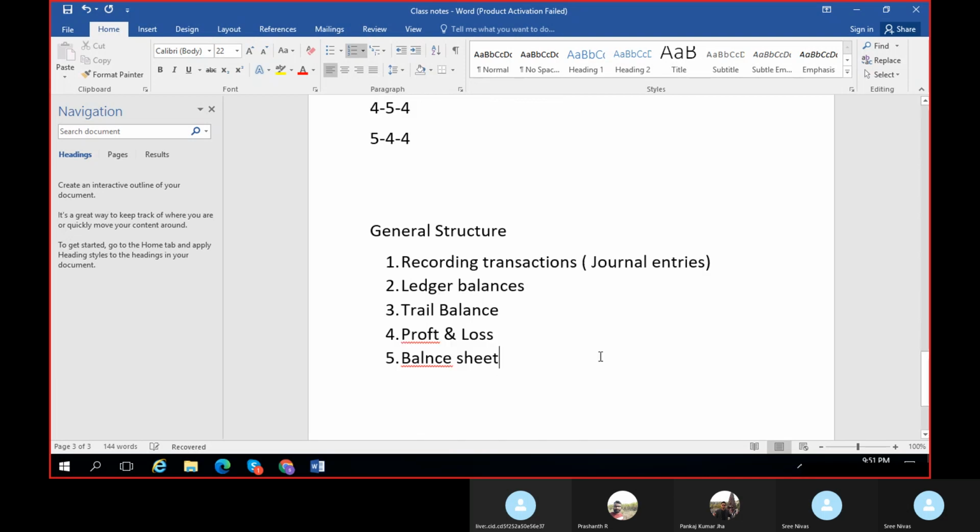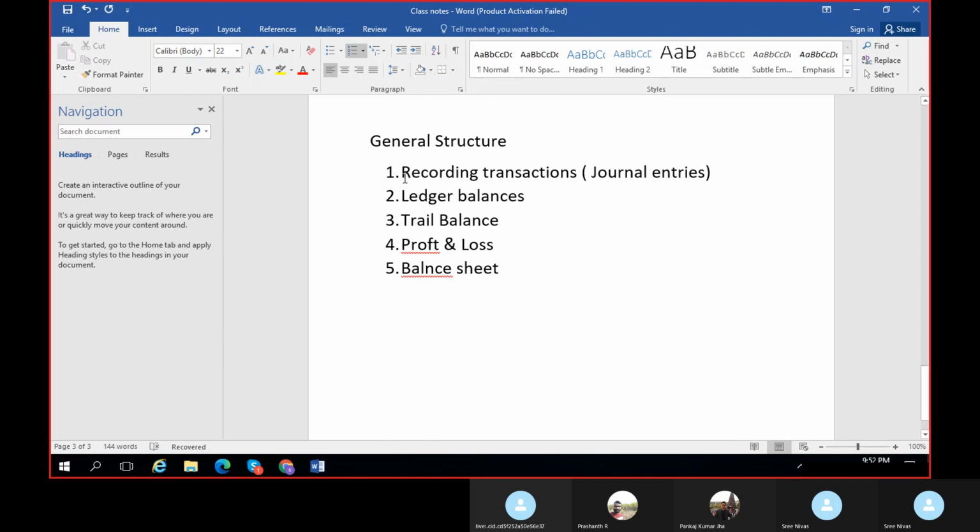Here, in order to accommodate all these journal entries, ledger, trial balance, and management reports, we will have to configure a lot of topics. So this is a general accounting system.